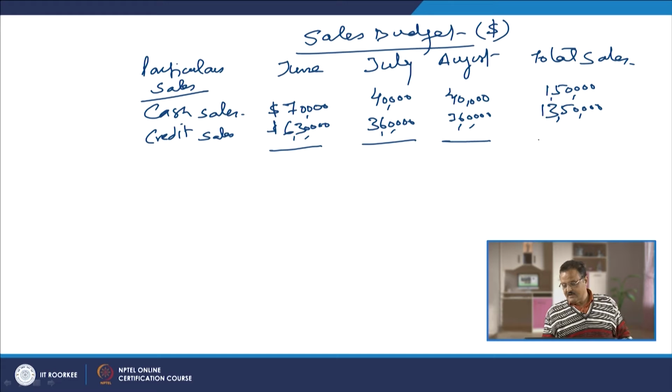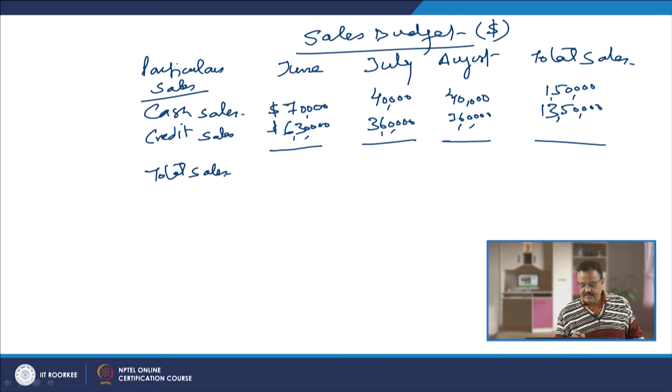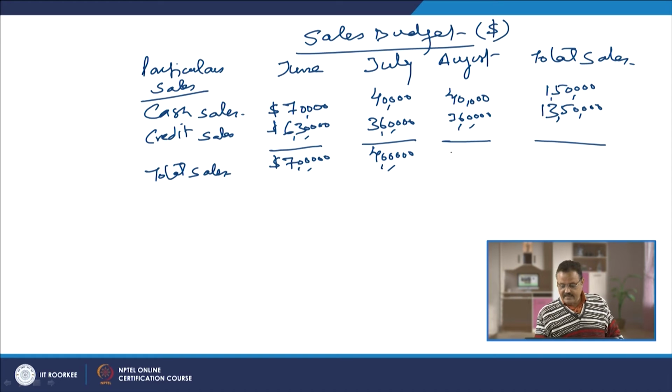So, now you total it up. When you total it up on the vertical columns, the total sales are going to be how much? $700,000 for the month of June. Here it is how much? $400,000 for the month of July, and $400,000 for the month of August.